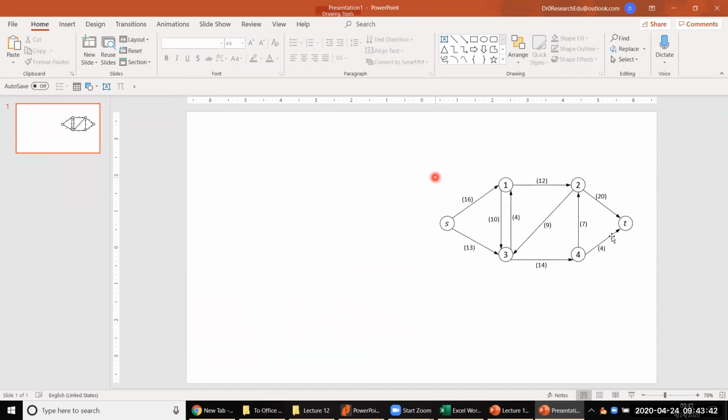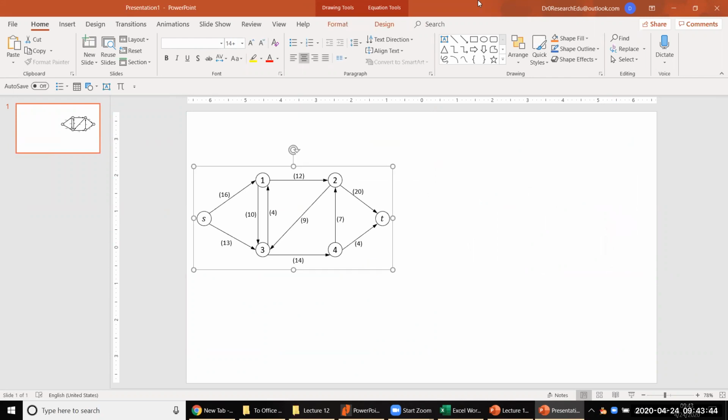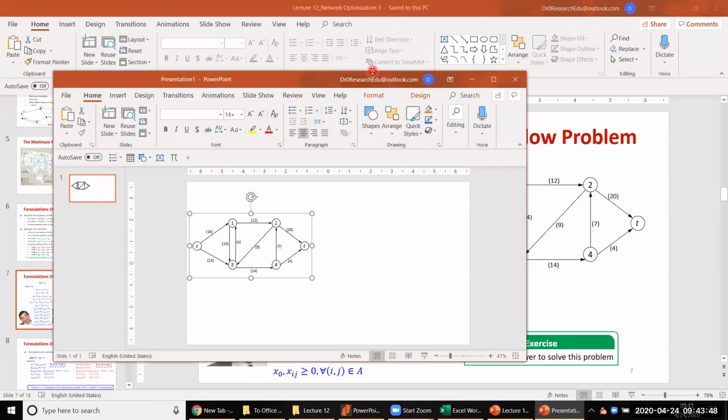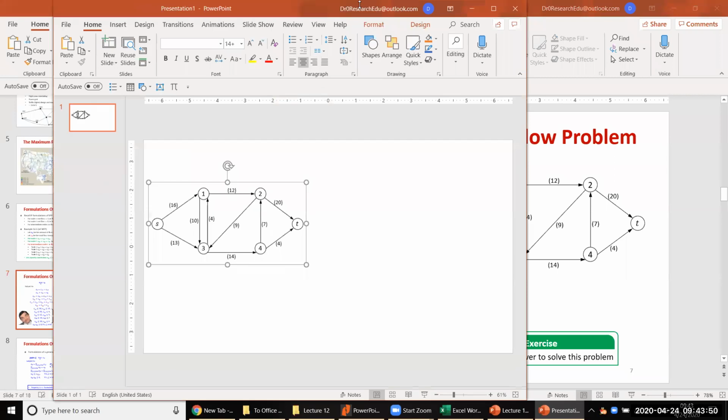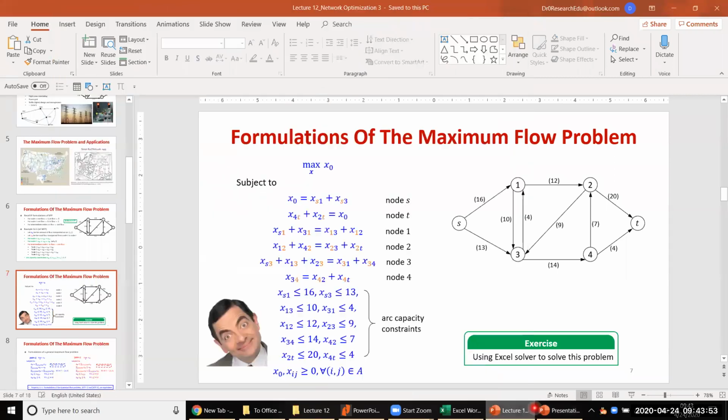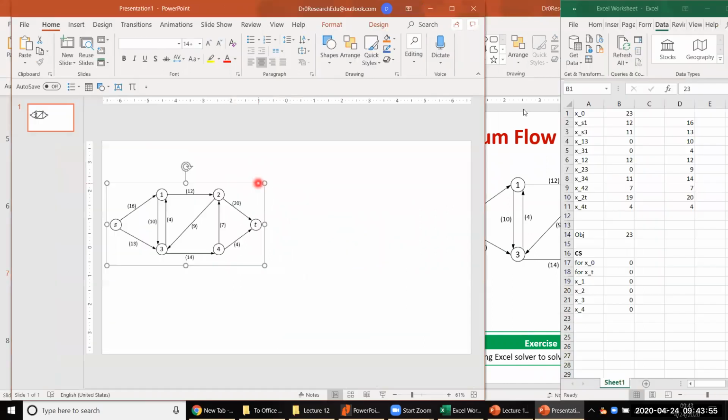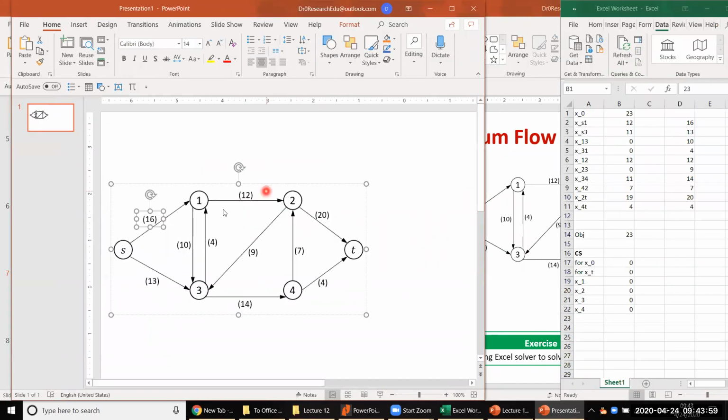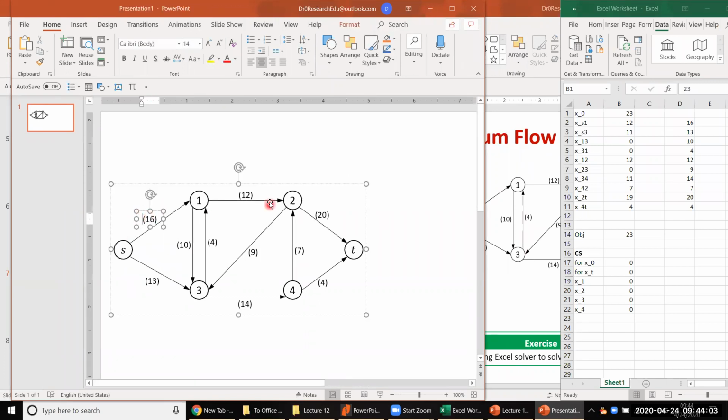Okay, now let's have a look at the solution here. Then I think it's going to be easier for us. Okay, so here our solutions are, let's say, here x12 is 12.